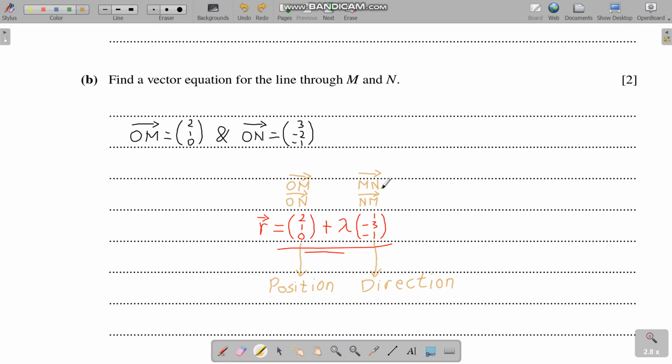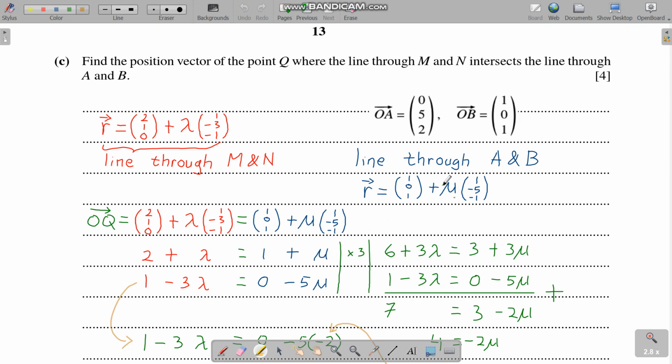So to find MN, you can just subtract N minus M. So in this case, we are using MN. So MN means if you want to go from M to N, what is the process? You know, plus 1, minus 3, and so on. Or you can simply subtract 3 minus 2, -2 minus 1, and so on. Okay, so this is the vector MN we are using. Right, that's the vector equation.